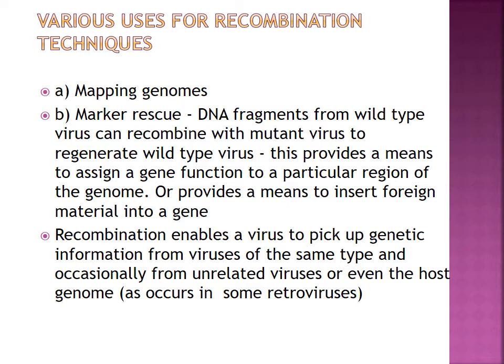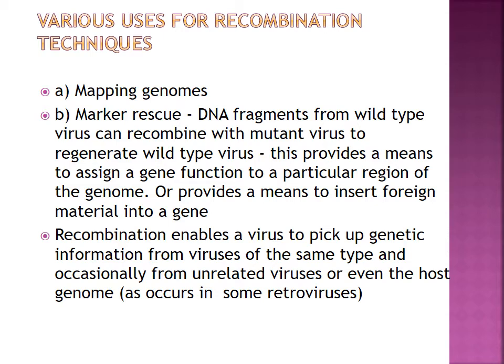It is useful for mapping of genomes, also for marker rescue. What is marker rescue? It is when a DNA fragment from a wild-type virus recombines with a mutant virus in order to generate a wild-type virus. This provides a means to assign a gene function to a particular region of the genome, or a means to insert foreign material into a gene.